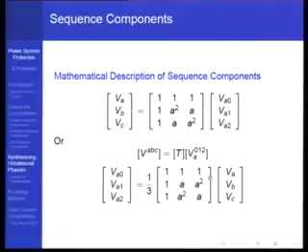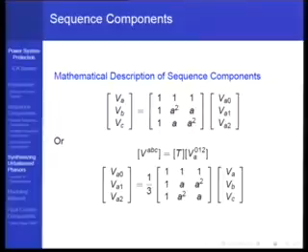Okay, so what this transformation allows you is that when it is convenient, you represent things in the sequence domain and work. When it is convenient, you represent things in the phase domain and work. So both of them are identical. That's what essentially the transformation says. Choose what is convenient and work in that particular domain.